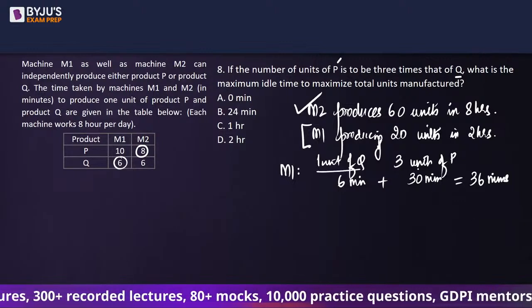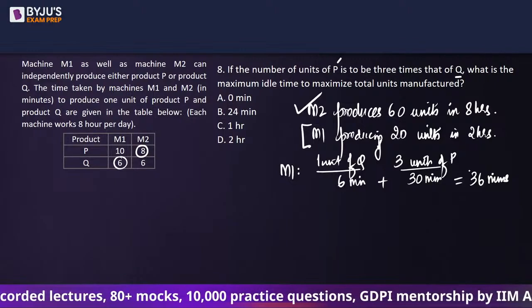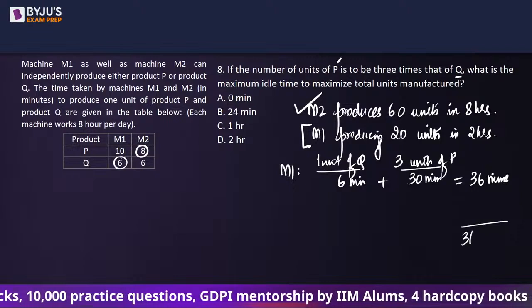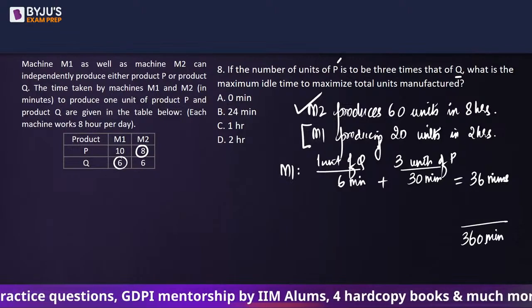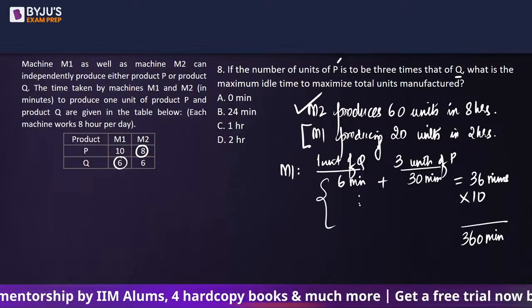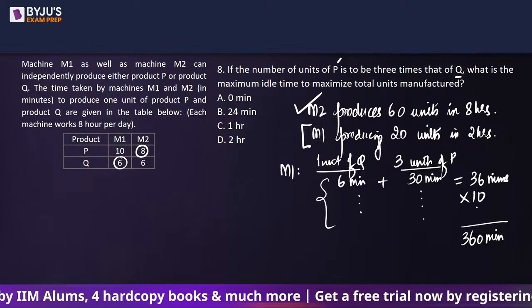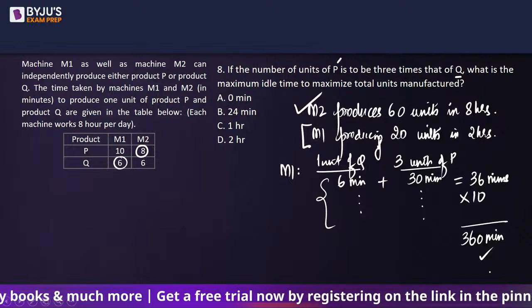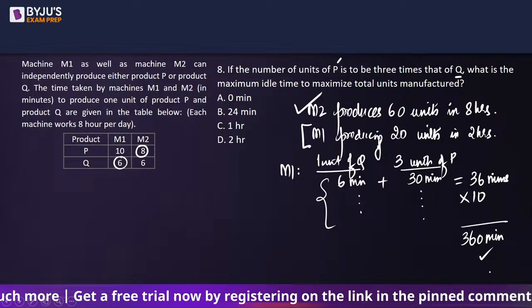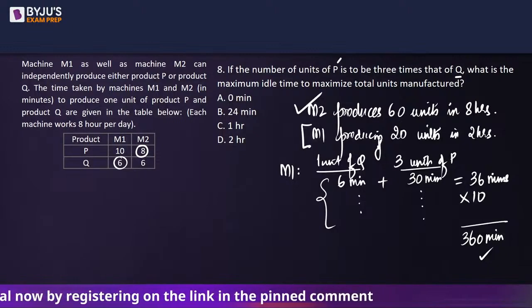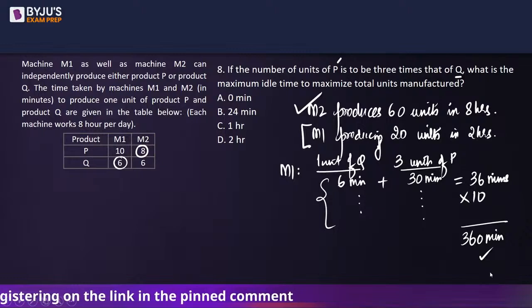Now, if this continues, we have still got 6 hours left. 6 hours means we have got 360 minutes still left. So we can say that this particular process of M1 can go on 10 times, so that we end up using 360 minutes. The entire time is utilized, and eventually the number of units of P is going to be 3 times the number of units of Q, right?